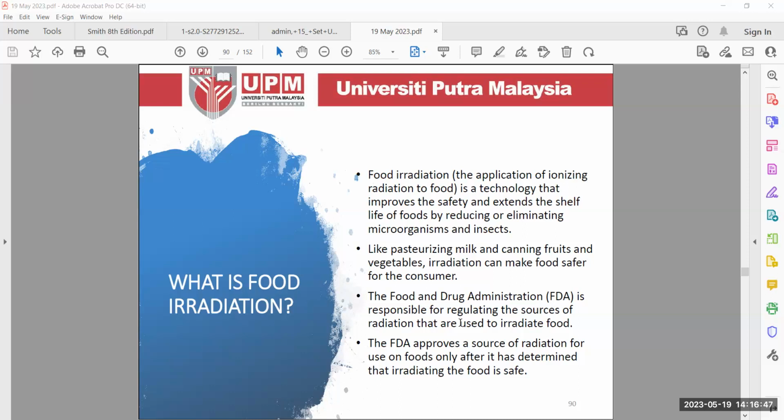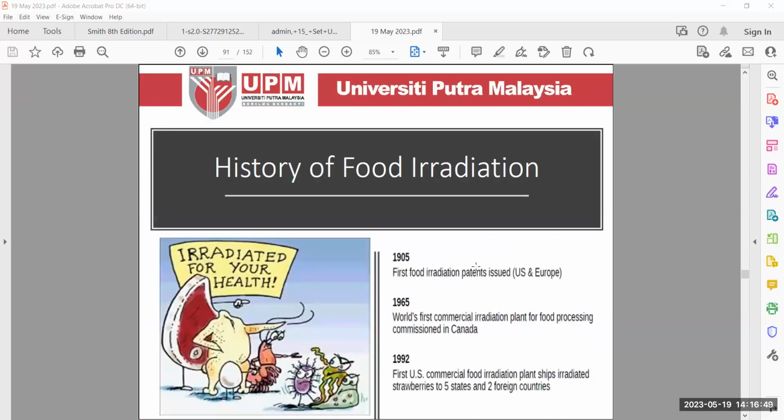Okay, so the history of it: in 1901, the first food irradiation was patented in the United States and Europe. Basically, at that time, we were moving towards the World War, and of course you wanted to irradiate your food to preserve it much longer for food security purposes and so on.